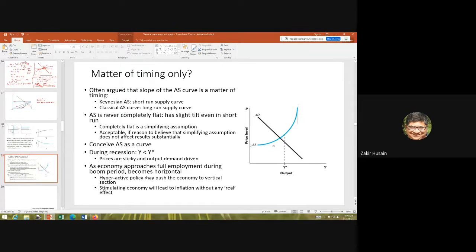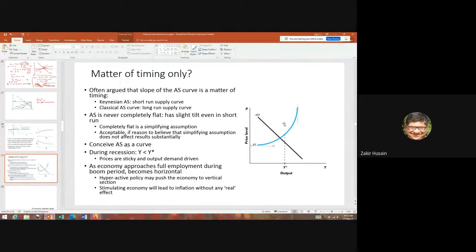Now, if you look at this diagram, suppose you start from a position where the economy is in a recession. So what should be your policy? You should stimulate the economy. When you start stimulating the economy, it moves away from recession and you move towards the boom part of the trade cycle or the business cycle. So you are coming towards this side.